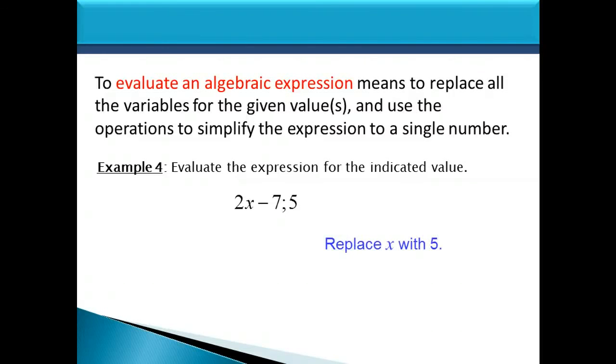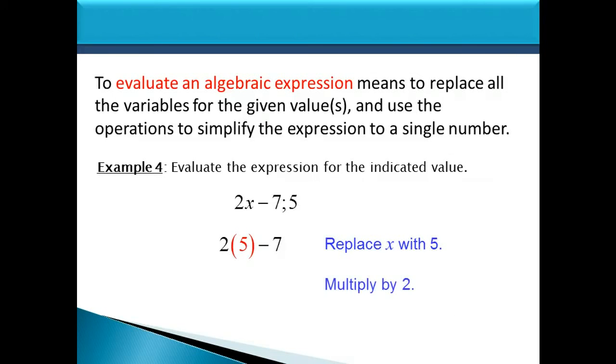So we start by replacing the x with 5. So that would look like that. And it's 2 times 5, is what the 2x means, is 2 times x. So we have 2 times 5 minus 7. And now we need to perform all the operations using the order of operations to simplify this down to a single number.